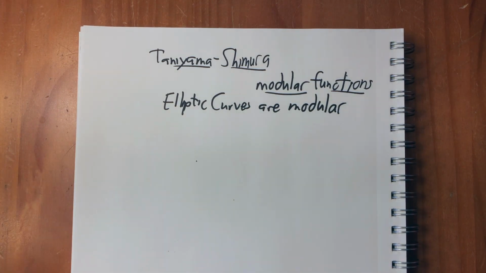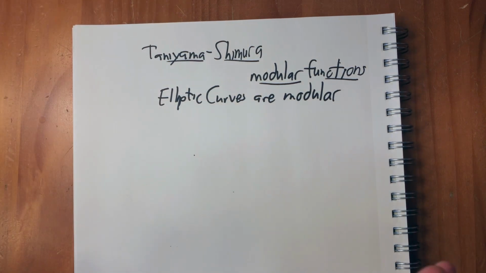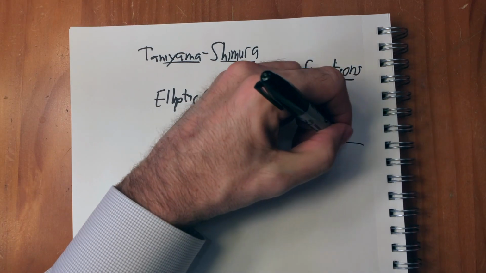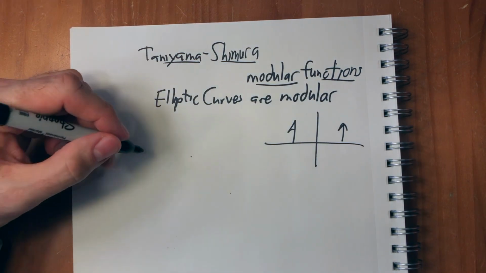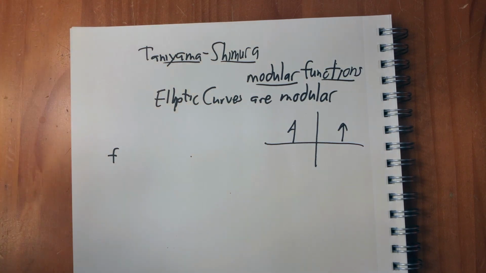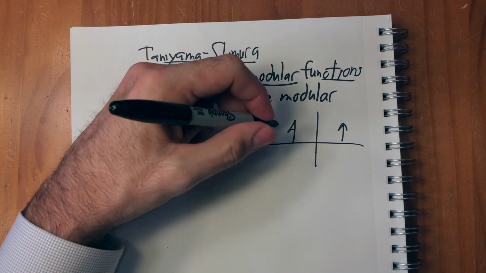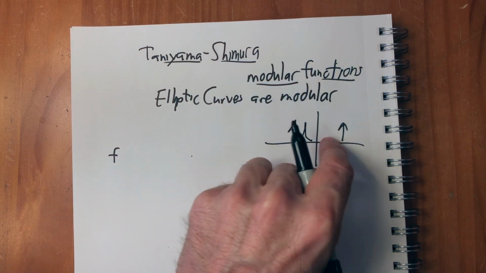So let me tell you here what a modular function is with absolutely no motivation, but I'm just going to write it down so you've seen it. So modular functions are on the upper half plane. A modular function f is meromorphic, which means that it can have some poles, some places where it goes up to infinity, but a finite number of them.